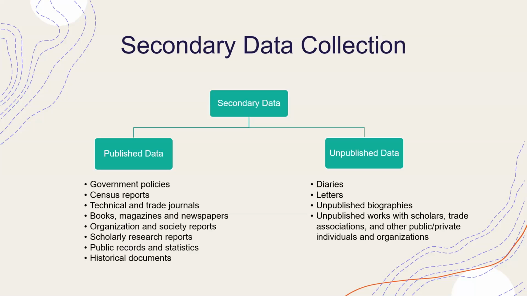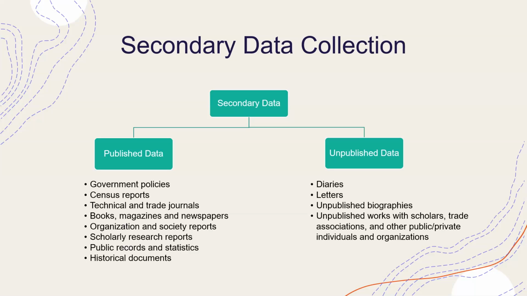Usually, published data are available in various publications of the local and foreign governments or of international bodies or their subsidiary organizations. Government census, like the population census, agriculture census, and so on.